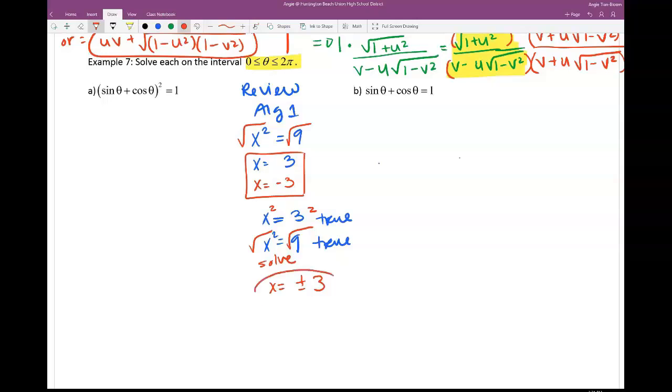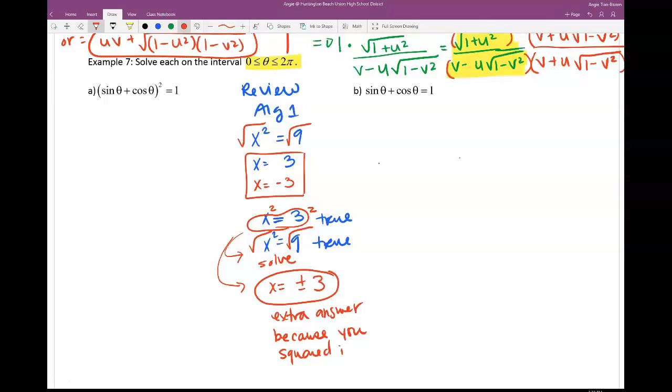But what's wrong with this answer? Remember, the original question is not squared, right? So when you square it and you go back and solve for it, see there's an extra answer? An extra answer because you squared it.